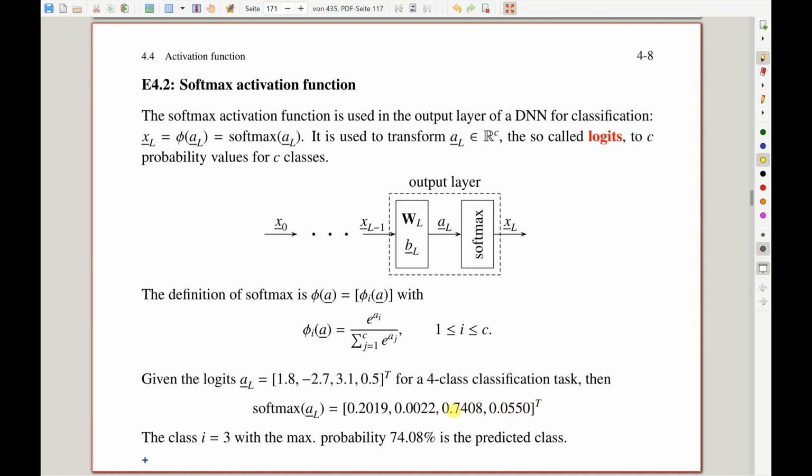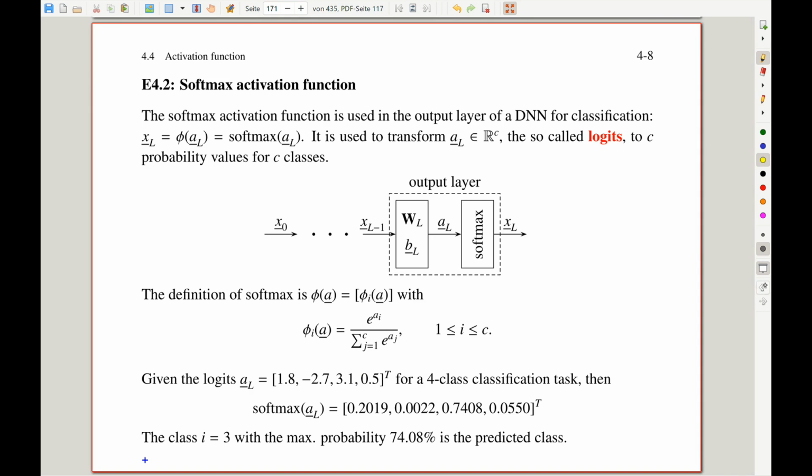Of course, this one is a winner, but we see the winner already actually on the input side. Why? It's because 3.1 is larger than the other ones. But after this normalization, we have a probability measure. Well, we have a decision with 74%. So this is actually the so-called softmax activation function.